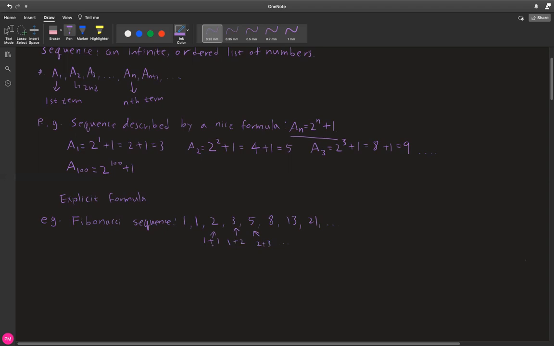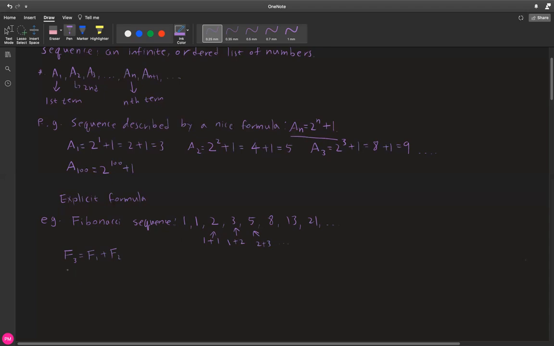So for sequences like this, where the terms are determined by the previous terms in the sequence, we actually call this a recursive formula. Let's say f for Fibonacci, so we can say that f3 is determined by f1 plus f2, just like how we found the 2.